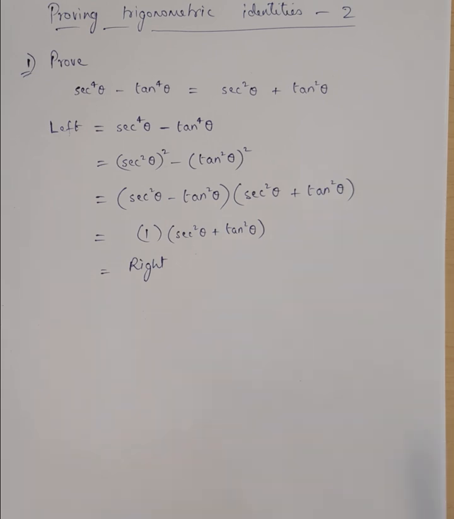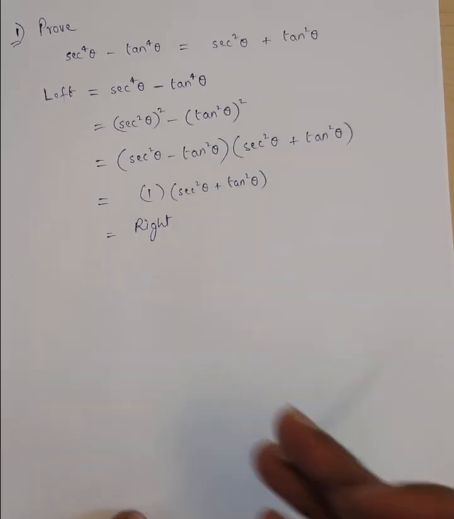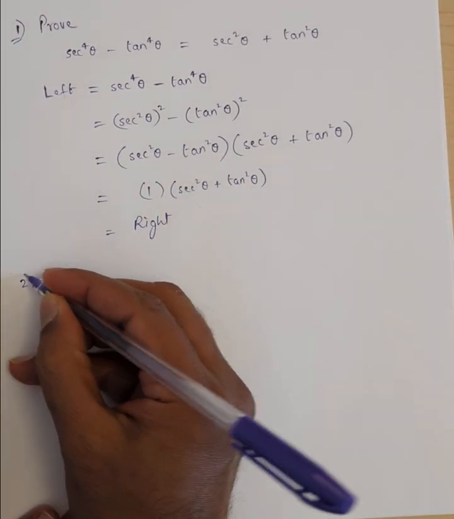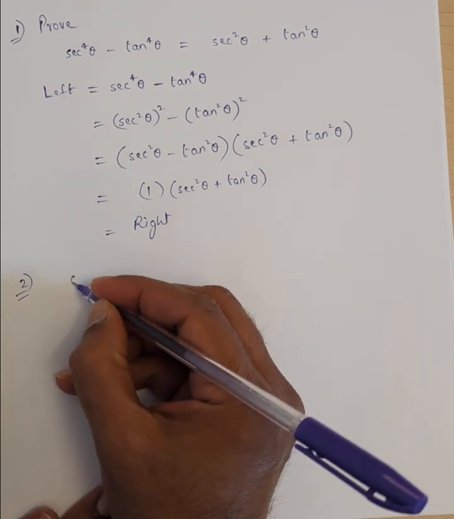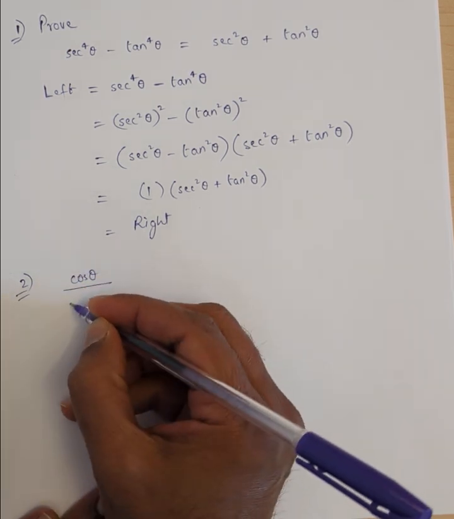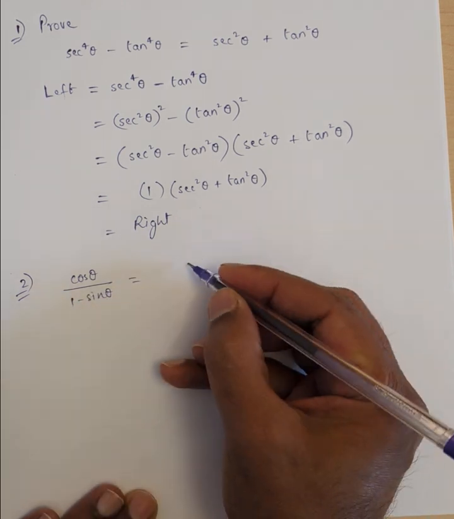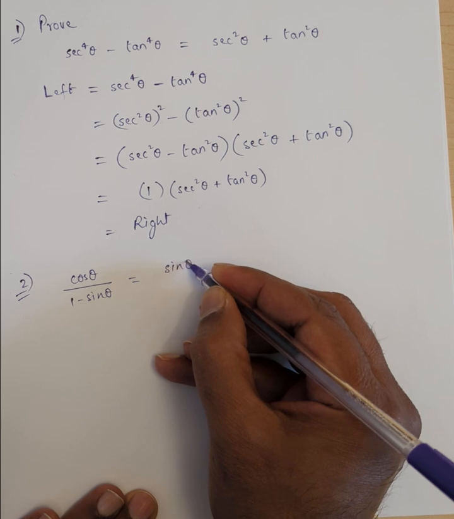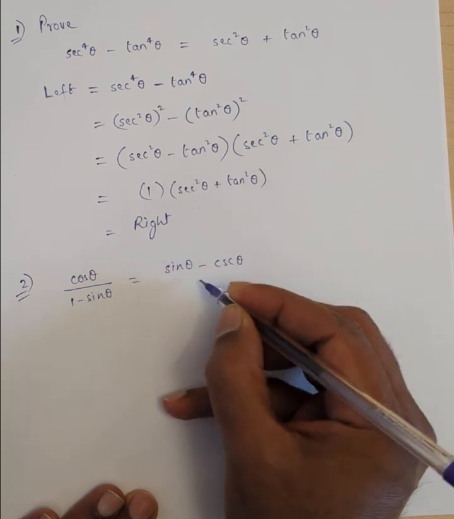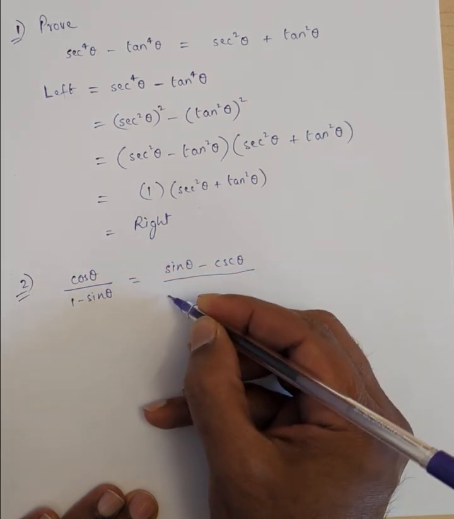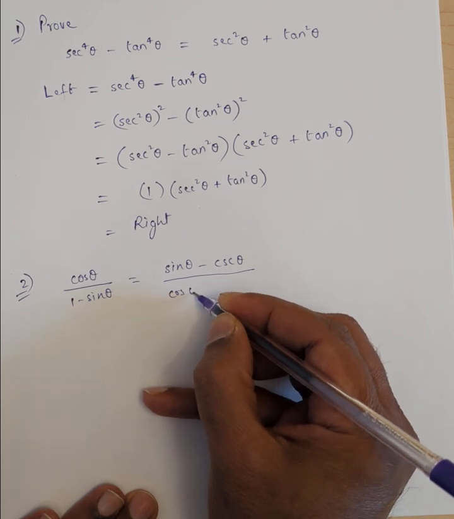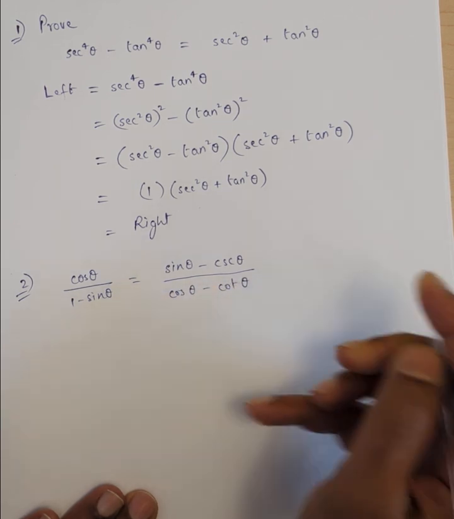Let's look at one other. Cosine theta over 1 minus sine theta is equal to sine theta minus cosecant theta over cos theta minus cot theta.